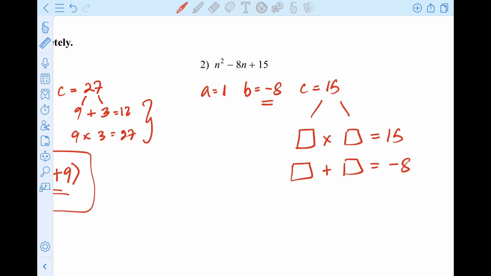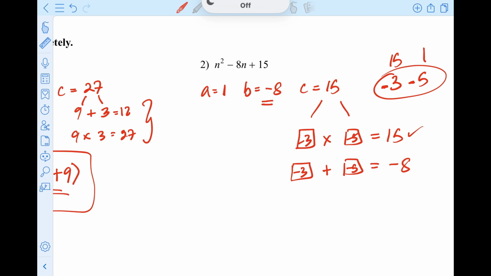What are two numbers that multiply to give me 15? All right, 15 and 1, 3 and 5. That's it. So I'm going to use -3, -5. As you can see, -3 times -5 gives me 15, and -3 plus -5 does give me -8. So -3 and -5 are the two factors that I would use.